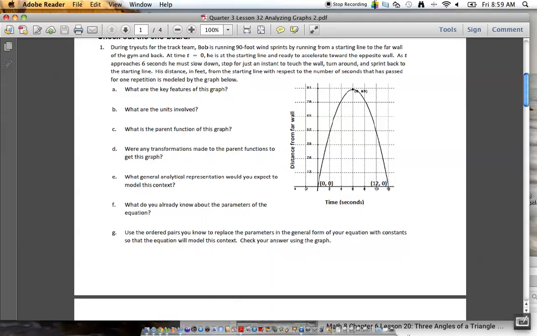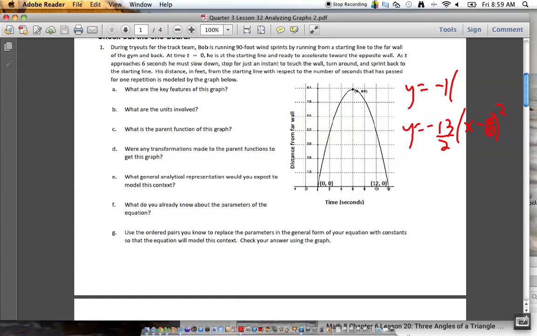Okay. Now, there's a couple of different ways to do this, but what we can do is this. Y equals negative, and then it's going to be, what was it, 13 I said? Right, because we're going from 91 to 78. Negative 13 times x minus 6 squared. 13 over 2, I'll get to that in a second.